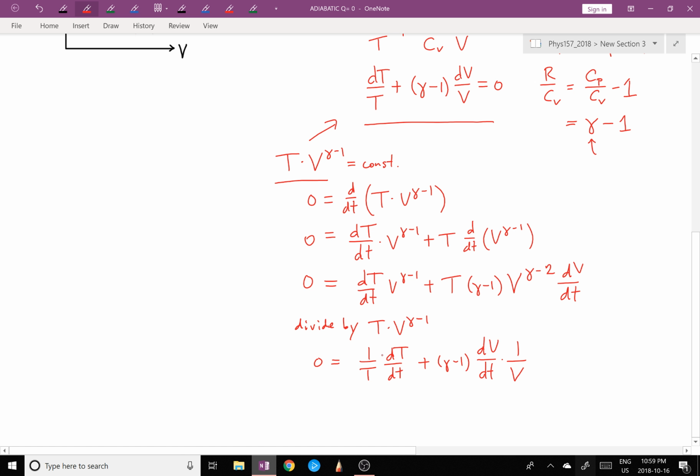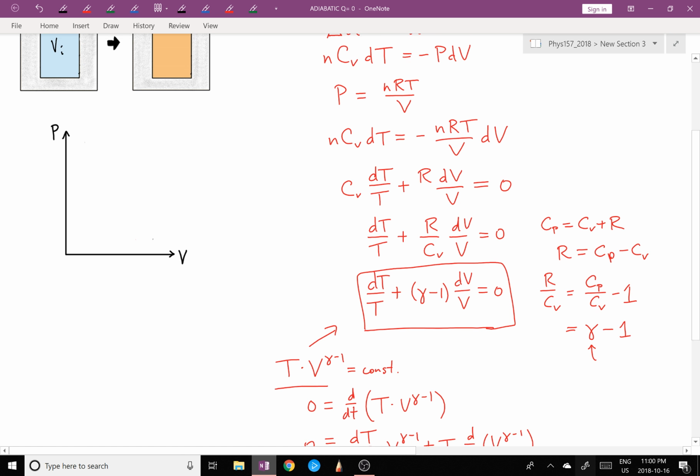If I multiply through by the infinitesimal amount of time dt, to figure out how much the volume changes compared to the temperature change in that time dt, then what I get is that 1 over T times dT plus gamma minus 1 times dV over V is equal to 0. And so that was the relationship that we derived above based on the first law of thermodynamics and the constraint that Q was equal to 0.